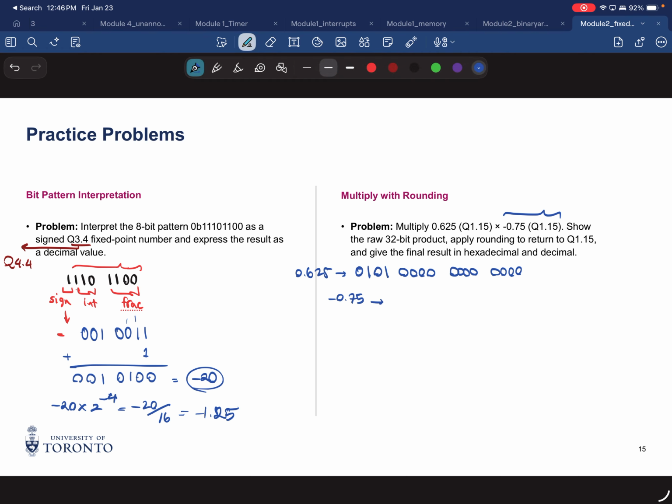So for this one, we can say 0.75 multiplied by 2 to the power of 15.